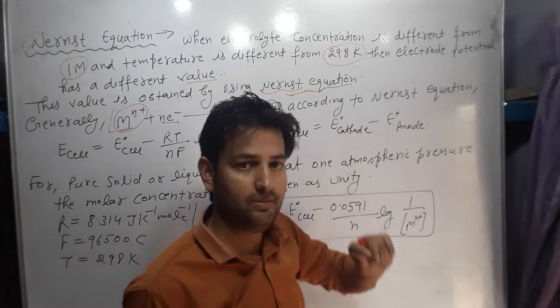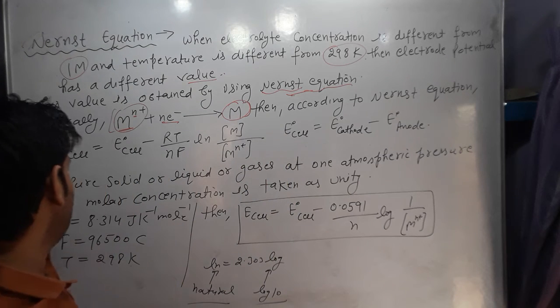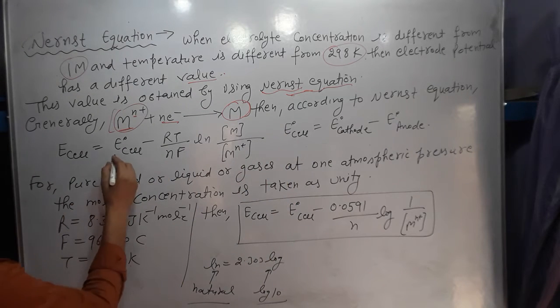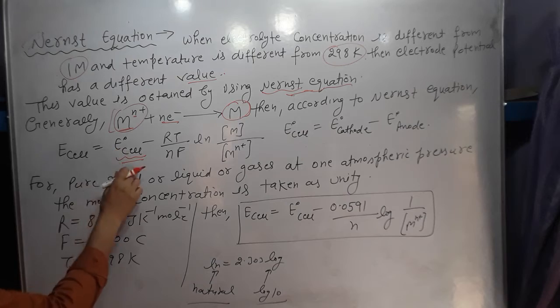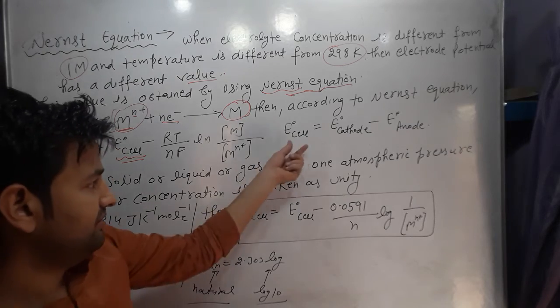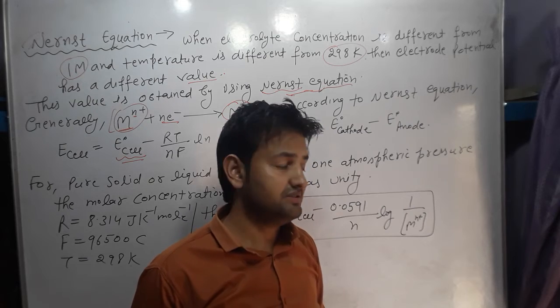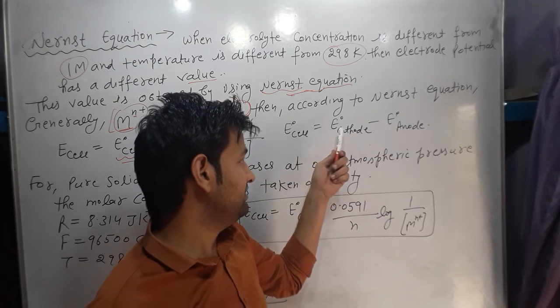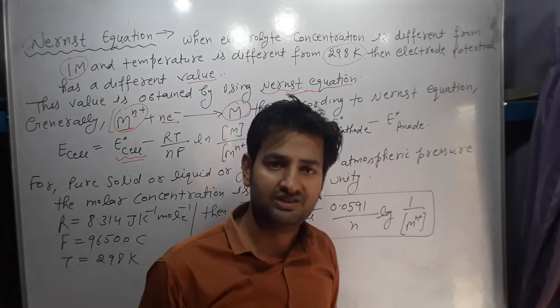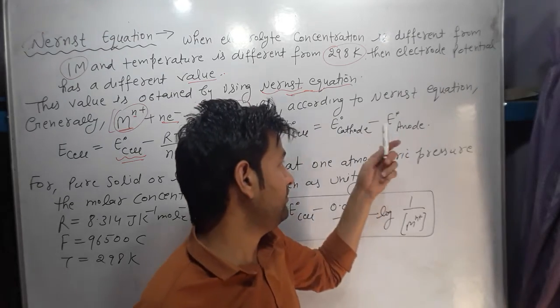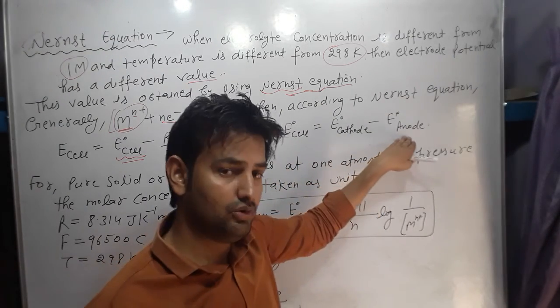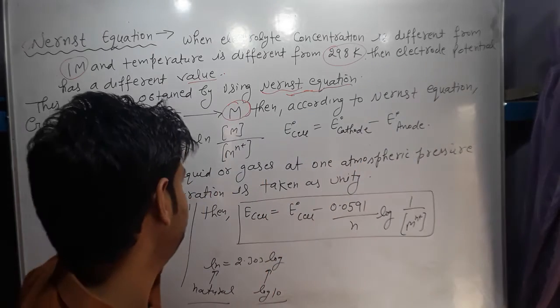For this, the EMF of the cell is equal to E° of the cell, the EMF in standard condition, which can be calculated as E°R minus E°L, meaning the standard reduction potential of the cathode minus the standard reduction potential of the anode. In both cases we take only reduction potentials.